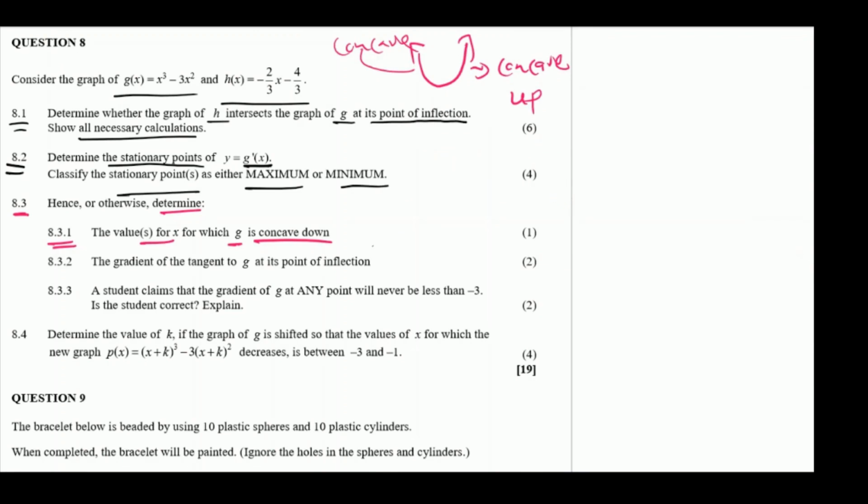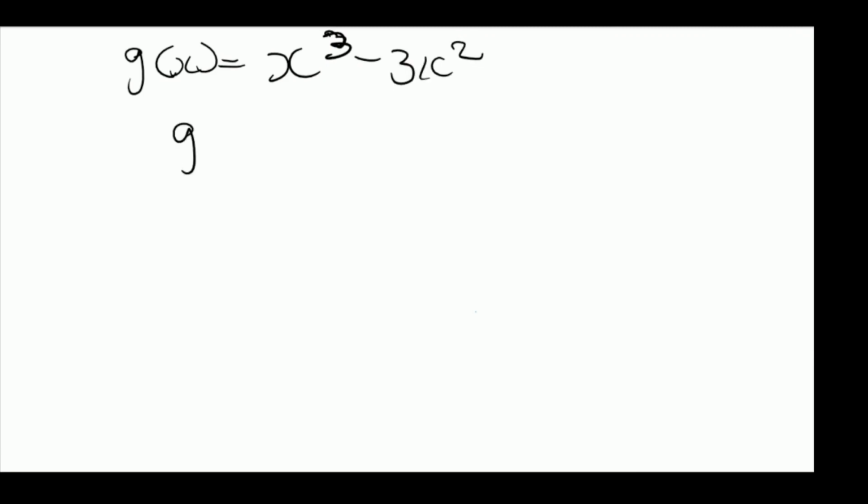So what we need to do here is find the point of inflection. The point of inflection helps you to interpret the concavity of your cubic function, right? So we're going to write our g of x, which is equal to x cubed minus 3x squared, and find our points of inflection. The first derivative is 3x squared minus 6x.